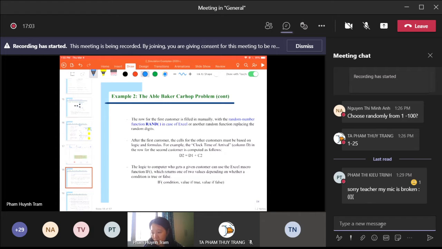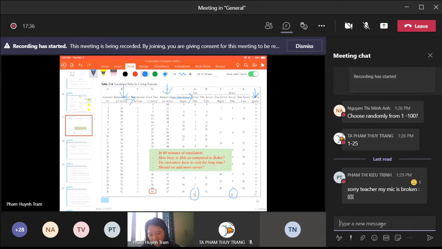In Excel you can use the random number function to generate random digits. The rest is just very simple computation. You only need to set the computation for the first and the second row, and then you can just drag, copy and paste in Excel. It is very fast. And then try to answer the question that we have here.